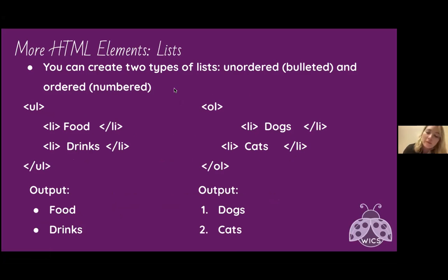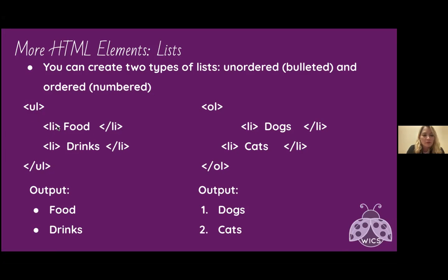So another important HTML element is lists and tables. There are two main types of lists, and those are unordered list, which is a list with bullets, and then an ordered list, which will be numbered. So for example, an unordered list, and then LI is the list item.